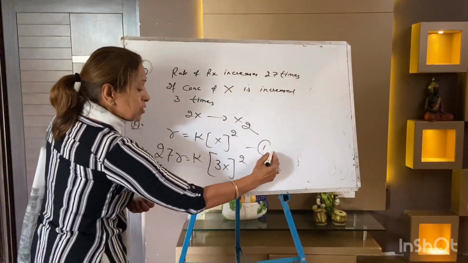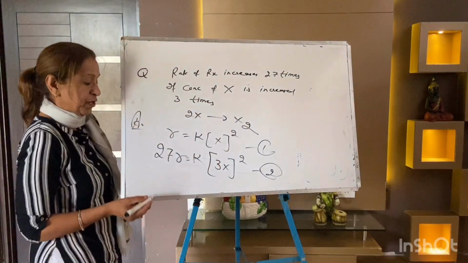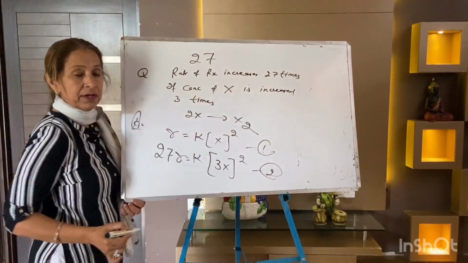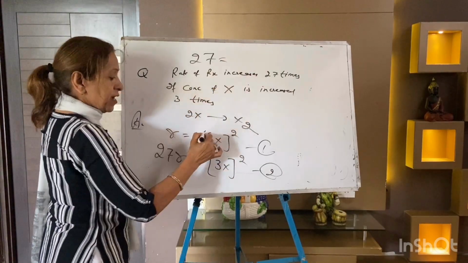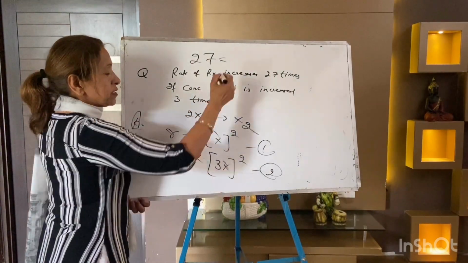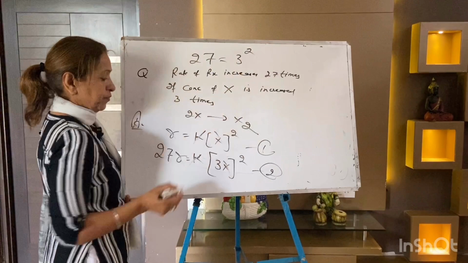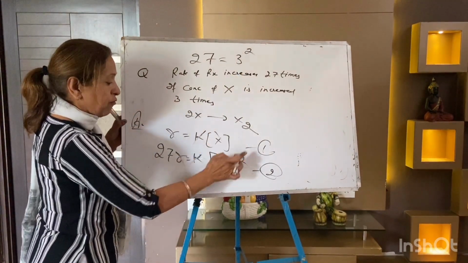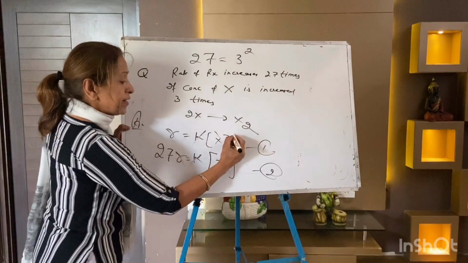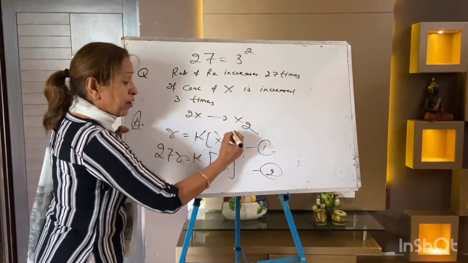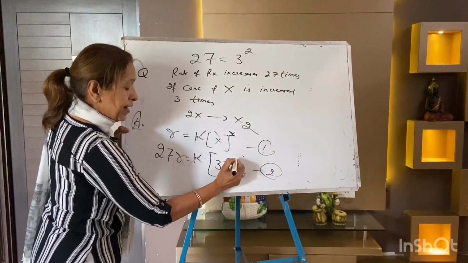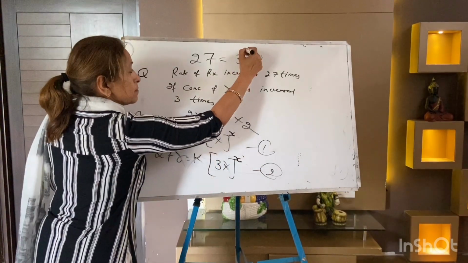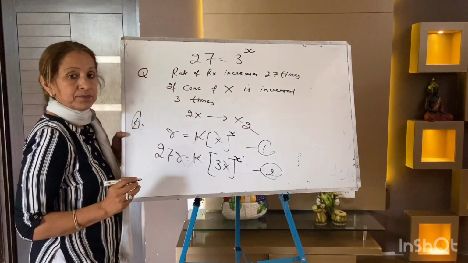Divide these two equations. When you divide, R cancels, K cancels, X cancels, it is 3 square. You can write not square because they are asking the order. You can write small letter x. So you write 3 power x.